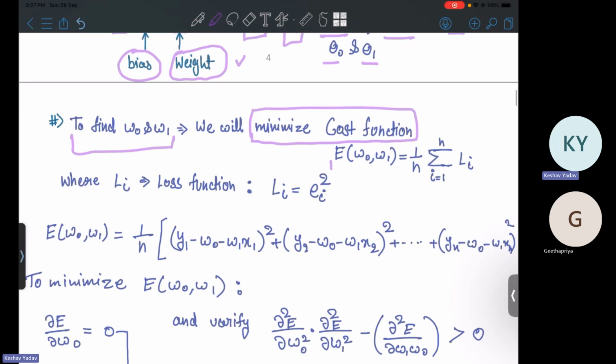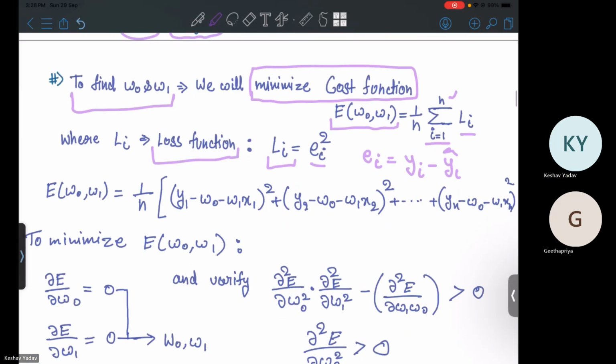The cost function E, which is a function of w naught and w1, is equal to 1 upon n summation of i goes from 1 to n Li, where Li is the loss function. So Li will be equal to ei square. And what is ei? ei will be equal to yi minus yi hat.